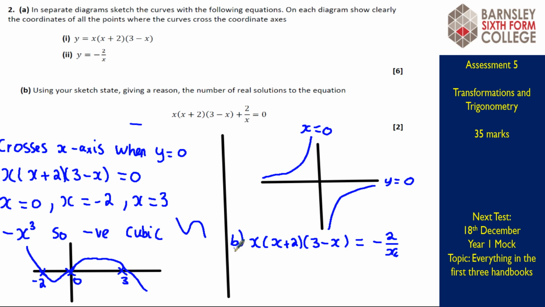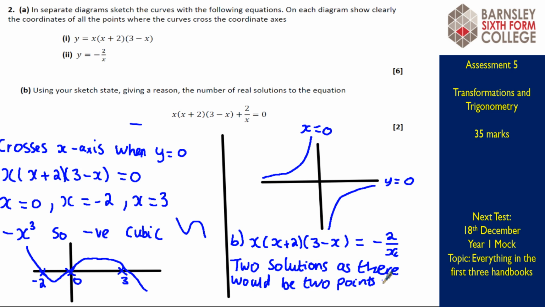Okay, and if we did that, we'd find that there were 2 solutions, as there would be two points of intersection.